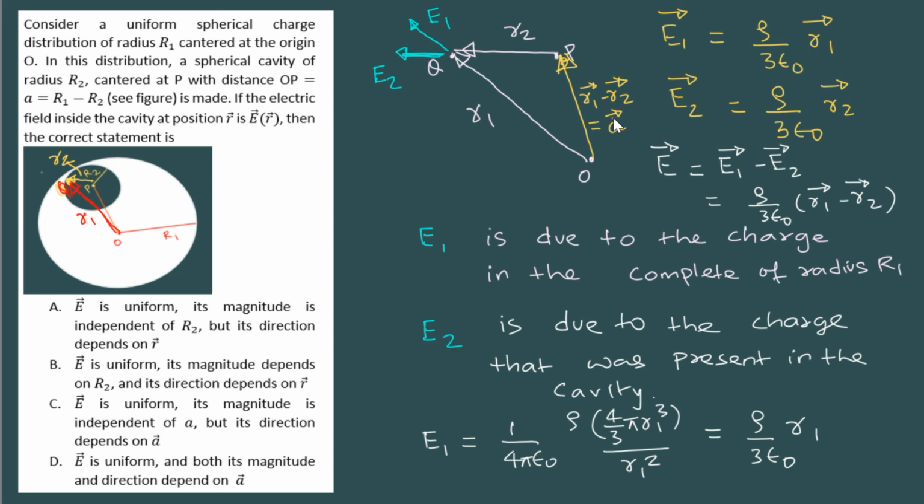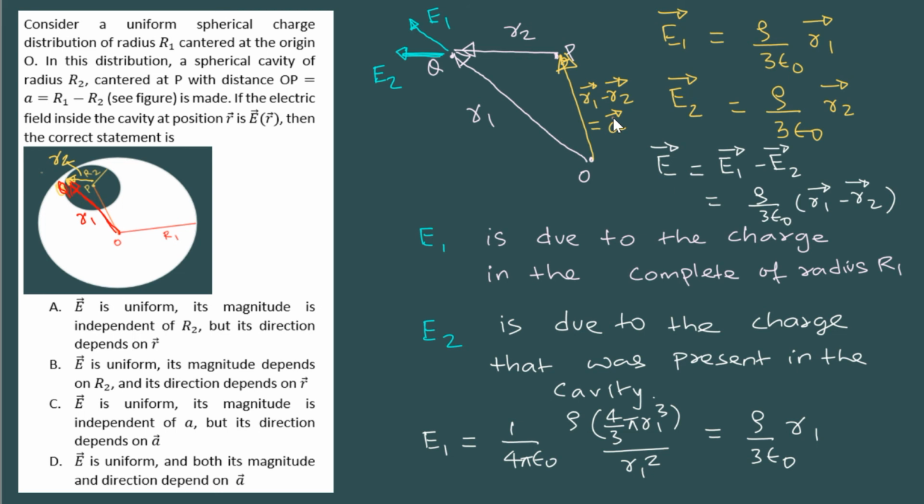That point Q we have just taken inside the cavity could have been any point inside the cavity. So that means it doesn't matter what point you take inside the cavity, the electric field is constant both in magnitude as well as direction here.